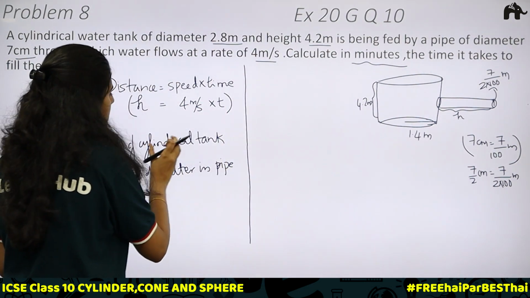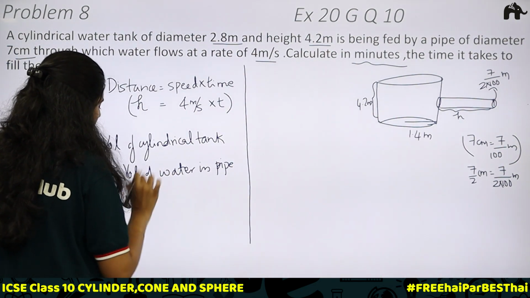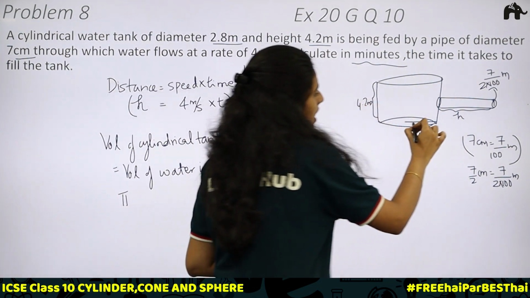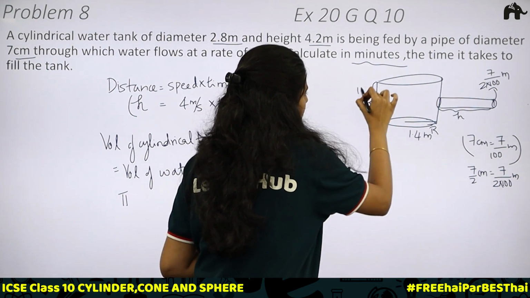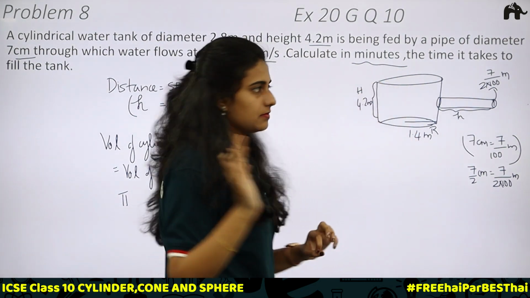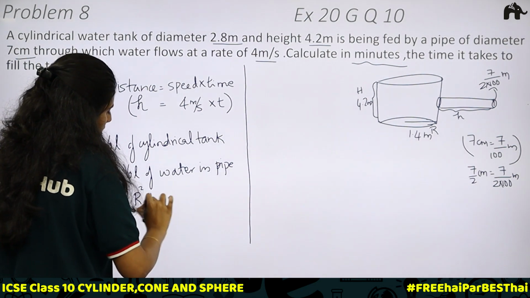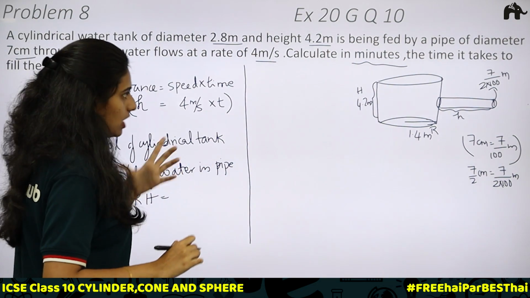What is the volume of cylindrical tank? That is equal to pi r square h. Yes, let us take capital R as the radius of base of cylinder and capital H as the height of cylinder. Okay. Capital R square into H is equal to volume of water in pipe can be calculated.